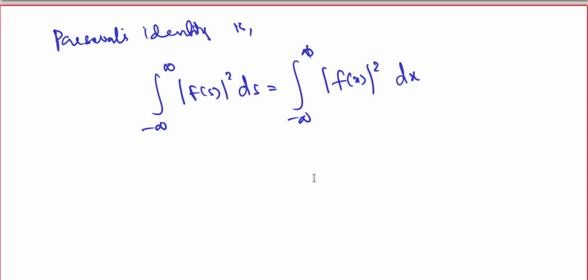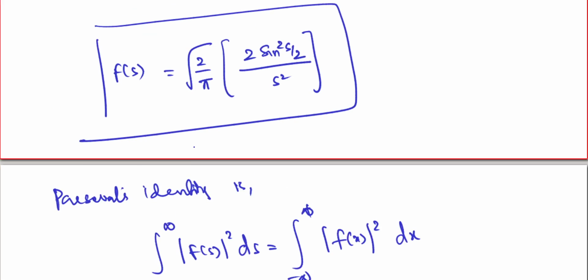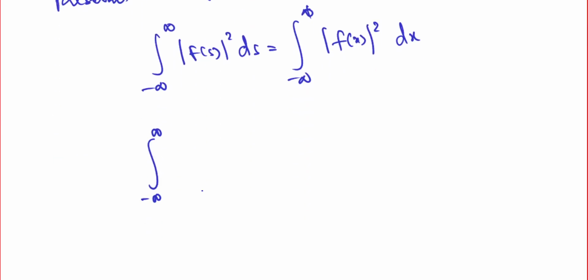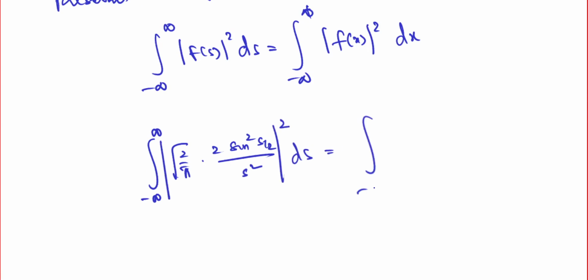That means the integral from minus infinity to plus infinity of the term that I have here, square root of 2 by pi into 2 sine square (s by 2) divided by s squared, modulus squared, into ds, is equal to the integral from minus infinity to plus infinity of modulus of f squared, which is modulus of (1 minus mod x) whole squared into dx.